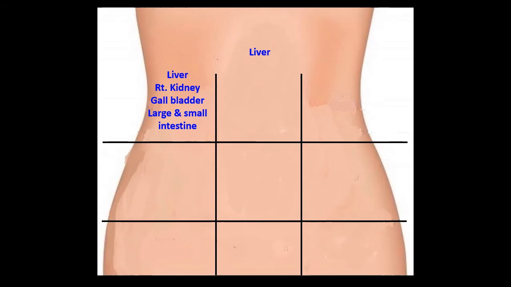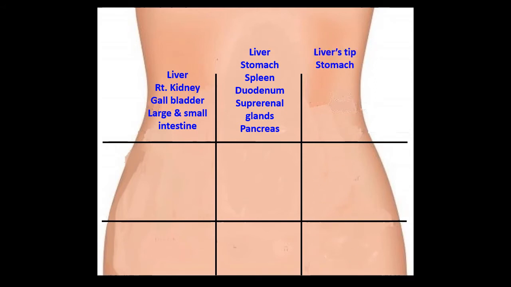In the epigastrium, the liver, stomach, spleen, duodenum, suprarenal glands, and pancreas. In the left hypochondrium, the liver's tip, the stomach, pancreas, the left kidney, the spleen, and large and small intestine.